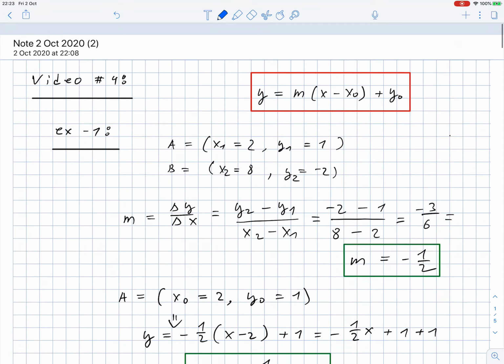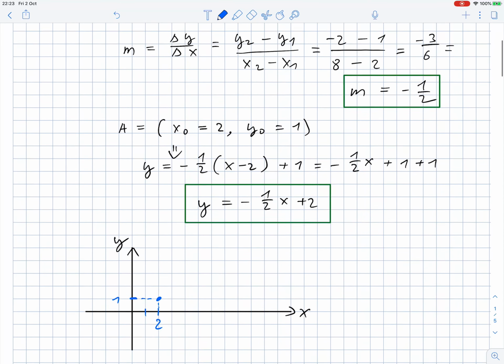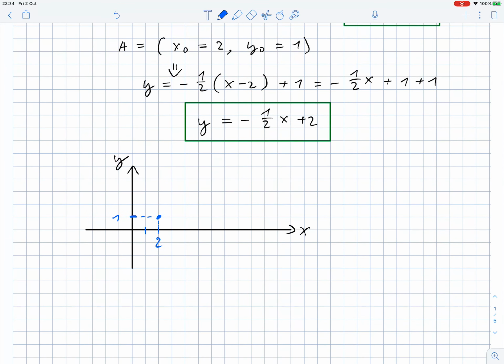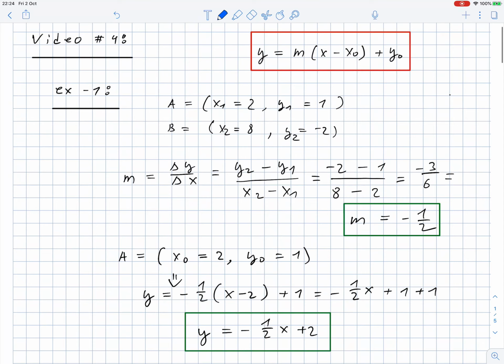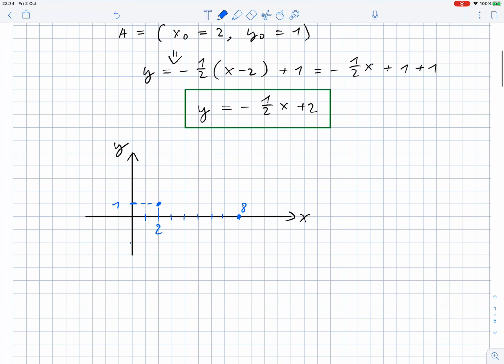Second coordinate, B, x2 equals 8, 3, 4, 5, 6, 7, 8, and y equals minus 2. This is A and this is point B. Now we draw a straight line, and we have this linear function.